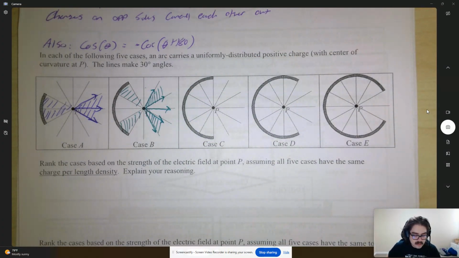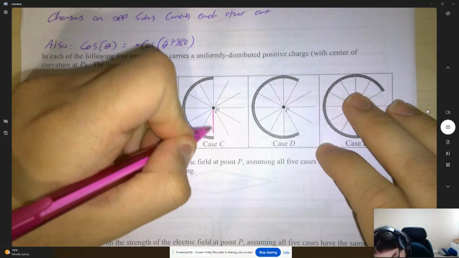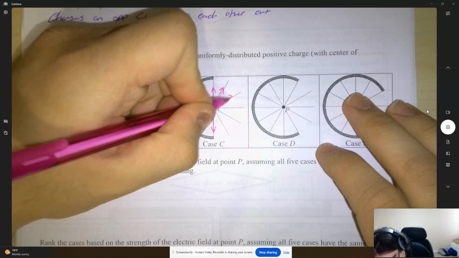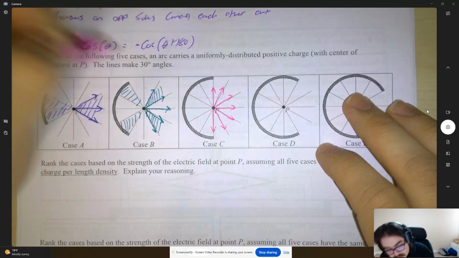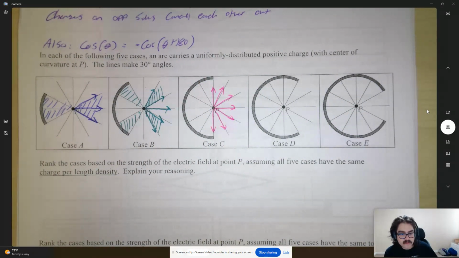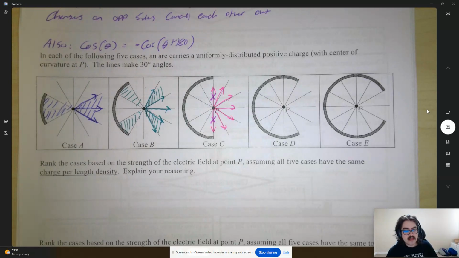In case C, you now have electric field basically fanning out the whole way. Now, here's the thing. In case C, you actually do have a little bit of cancellation happening, but it's very, very slight. The only thing that cancels out is these very top and bottom pieces right here. But everything else does not cancel out.